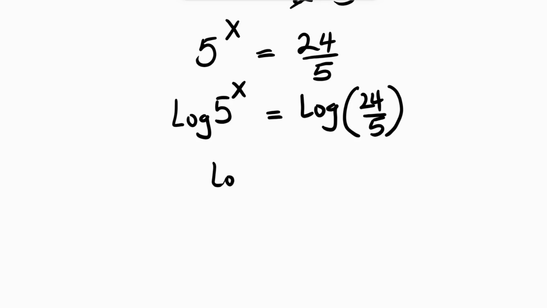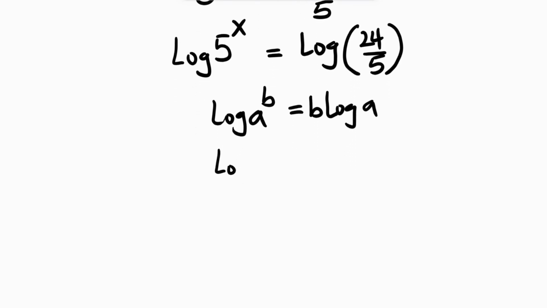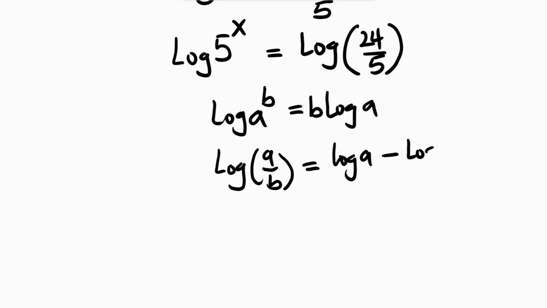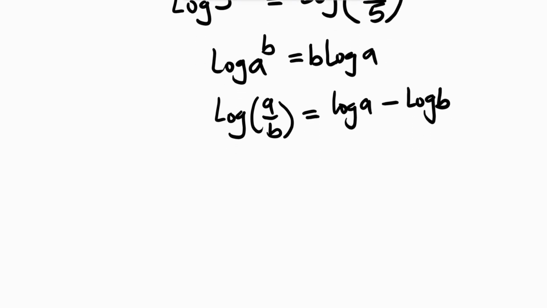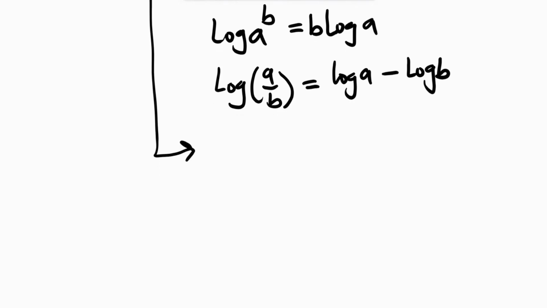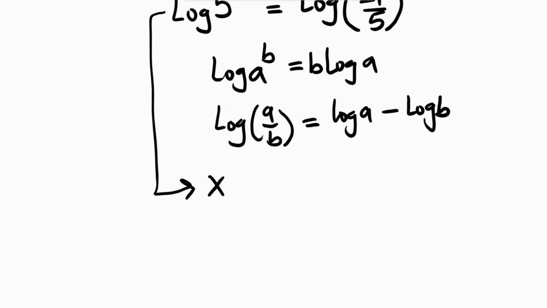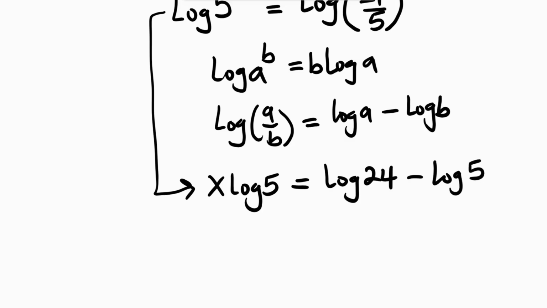We know that log of a raised to the power b is equal to b log a, and also log of a over b is equal to log a minus log b. So what we have here now becomes x log 5 equals log 24 minus log 5.